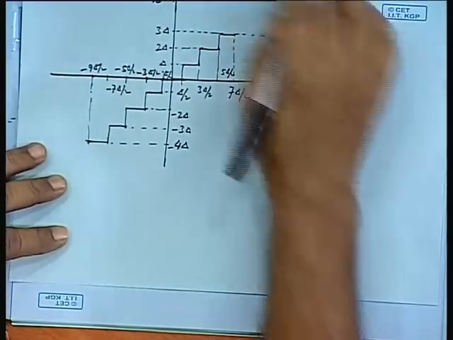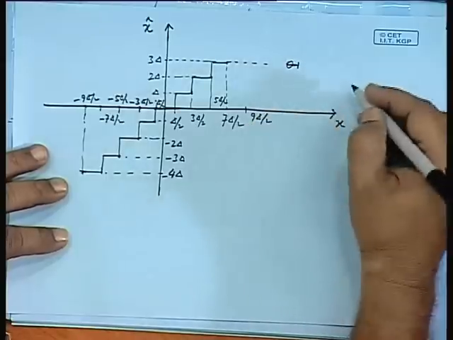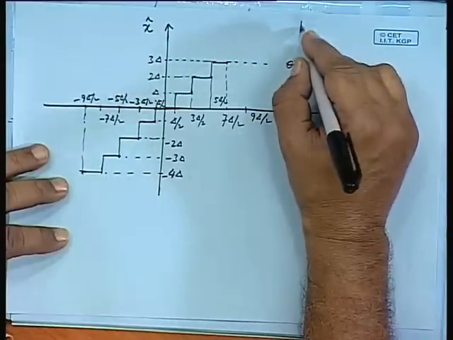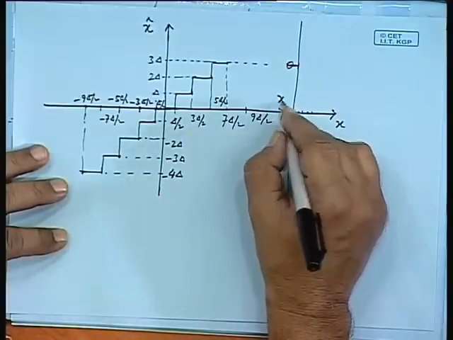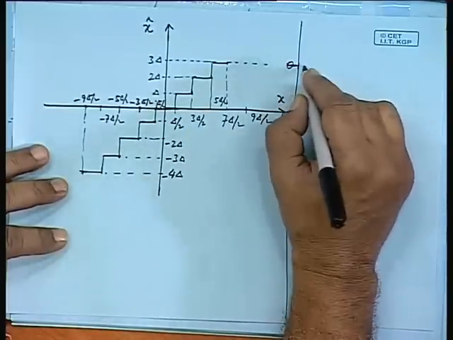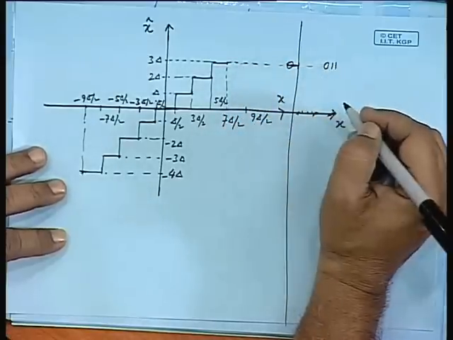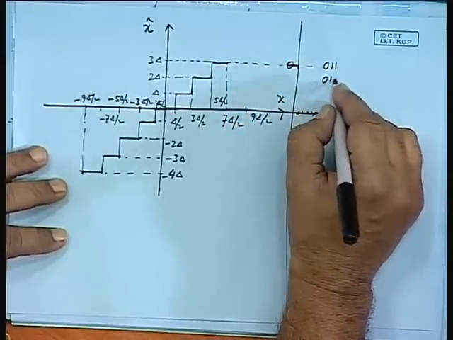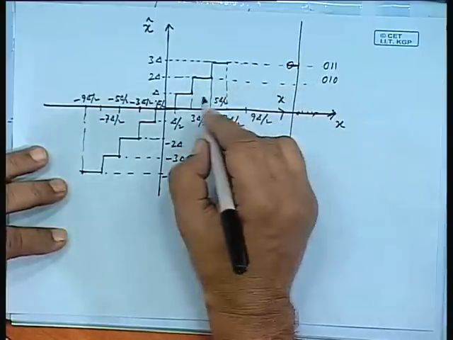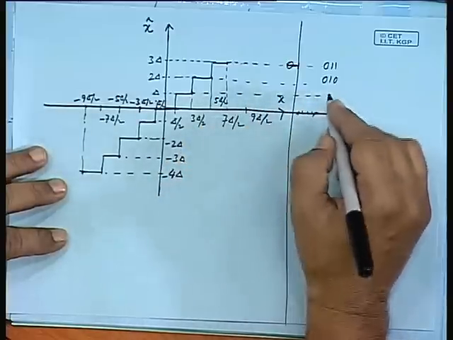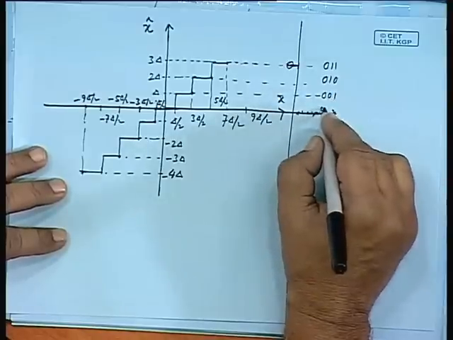So, this is 0 1 1, I will show it here. This level is 0 1 1, 0 1 0, this level is 0 0 1, this is 0 0 0.